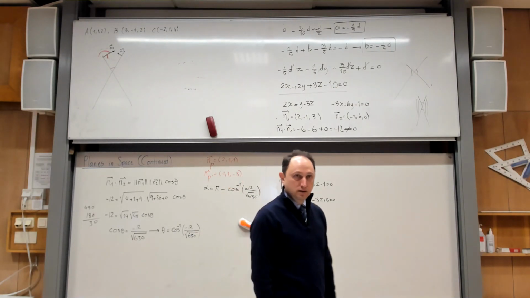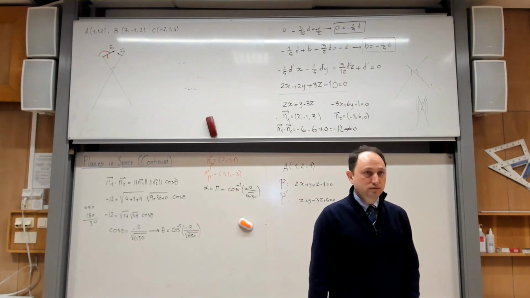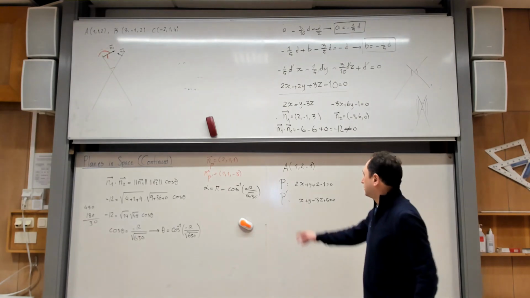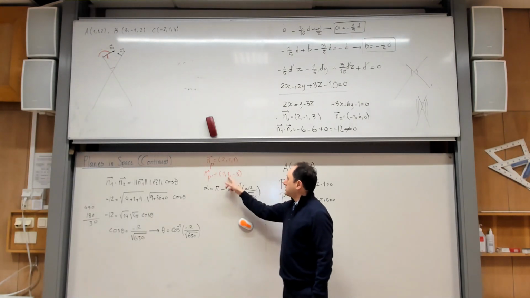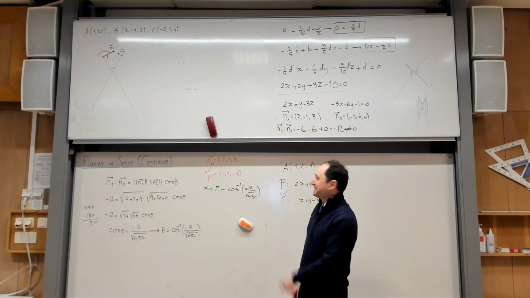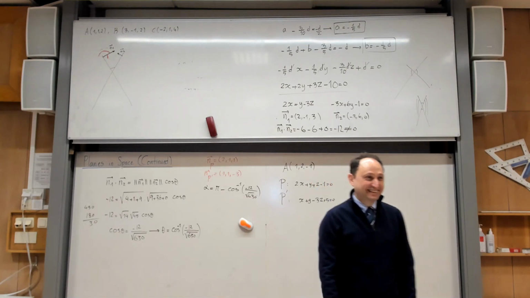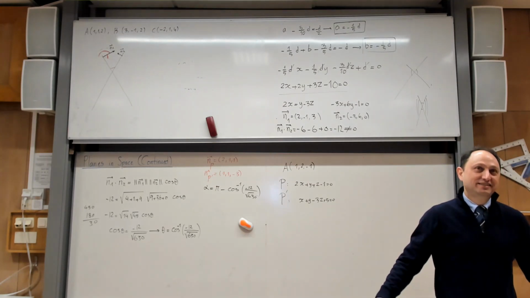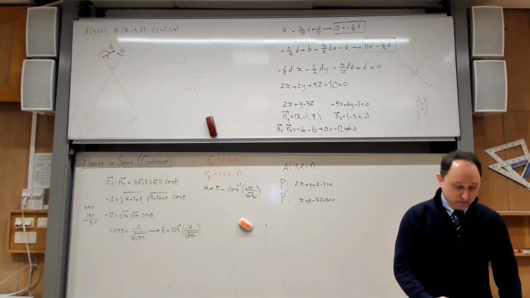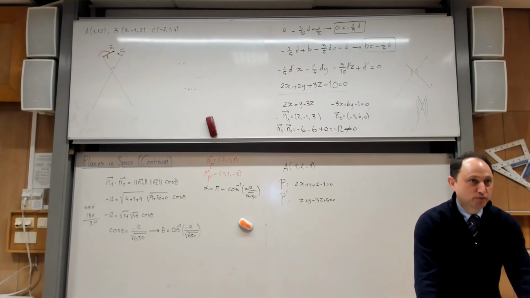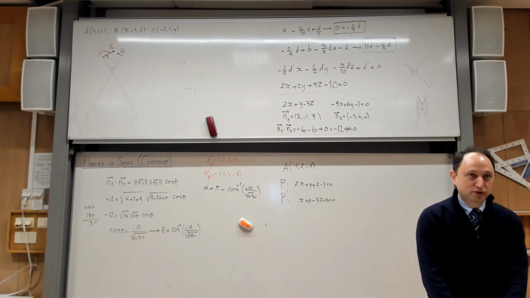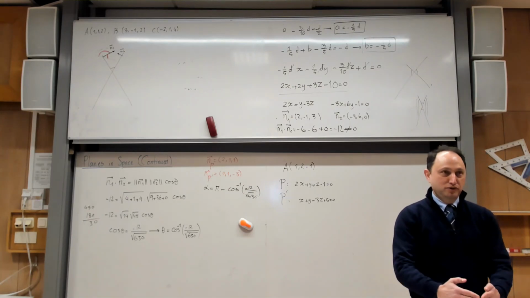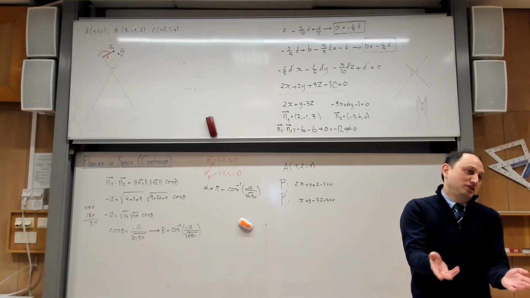Yes? They're also perpendicular? No. You can check that: this times that plus this times that plus this times that. In this case they are perpendicular, but not necessarily in general. For example, if you open a book and put it here, the two pages are perpendicular to the table, and the angle between them is not even 90 degrees.